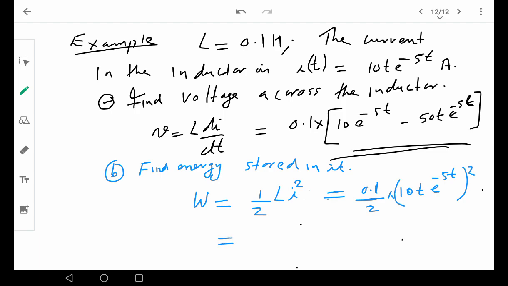So this is 0.1 by 2 into 100 t square e raised to minus 10t. It will be 5t square e raised to minus 10t joules. That's the energy stored. That's how you find the energy stored in the inductance.